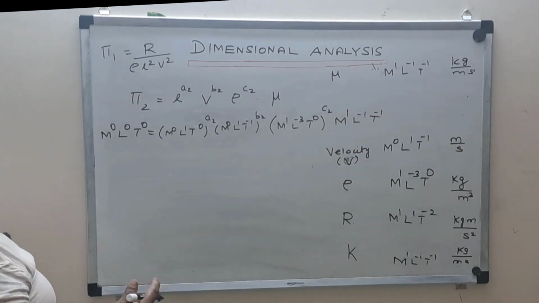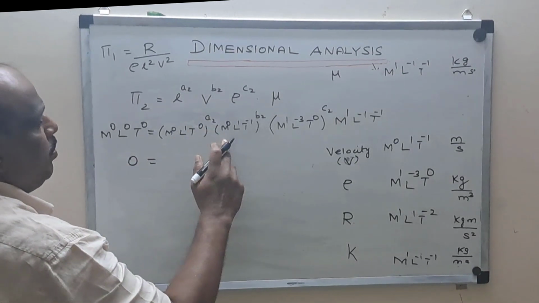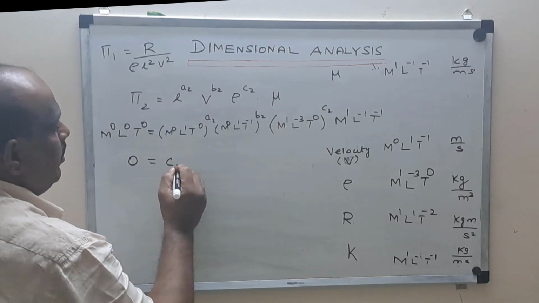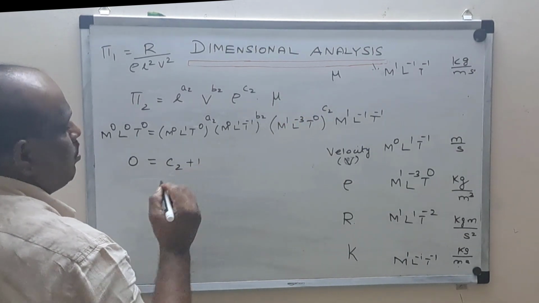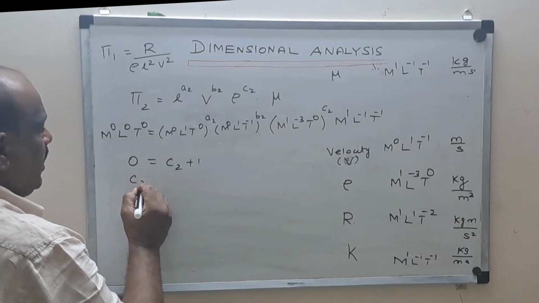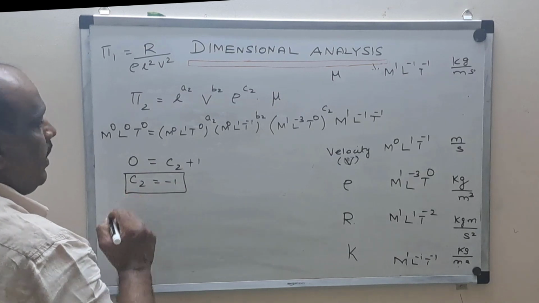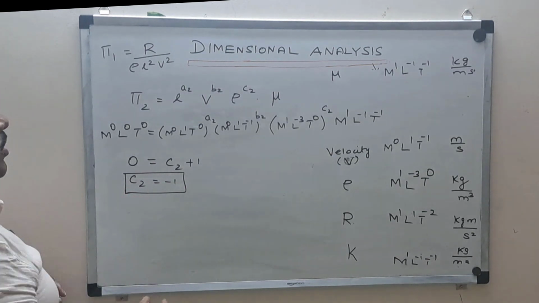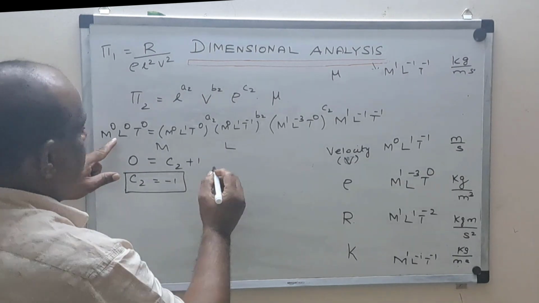Now comparing the coefficients for m, I will get 0 equal to 0 A2 plus 0 B2 plus C2. Plus 1 equal to 0. From this C2 equal to minus 1. Now let us compare the coefficients of L. The left hand side is 0.